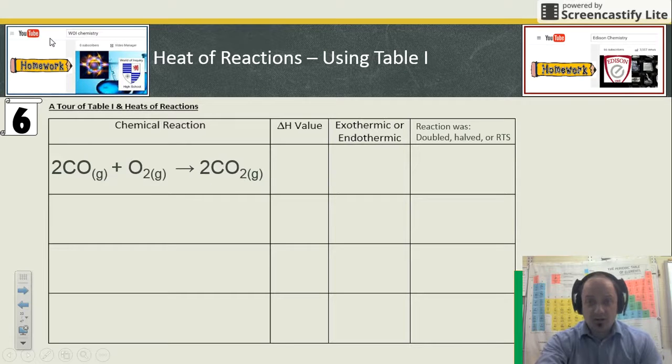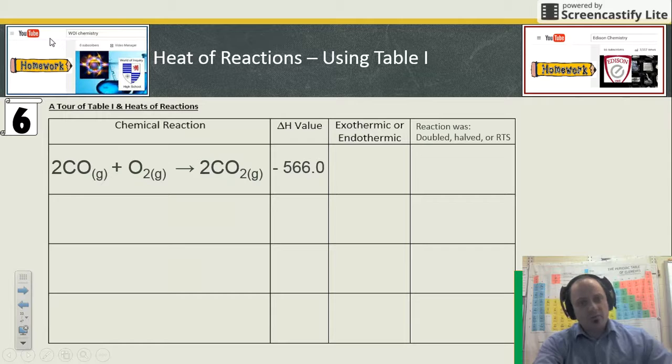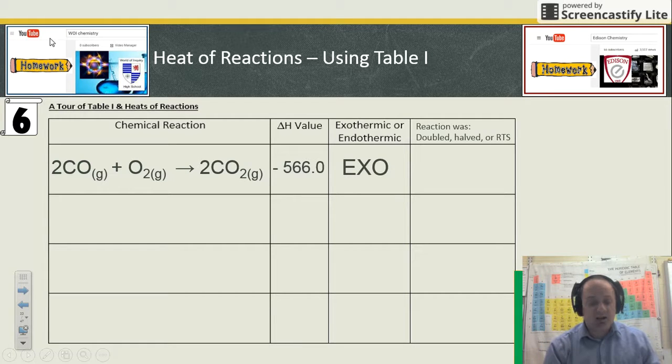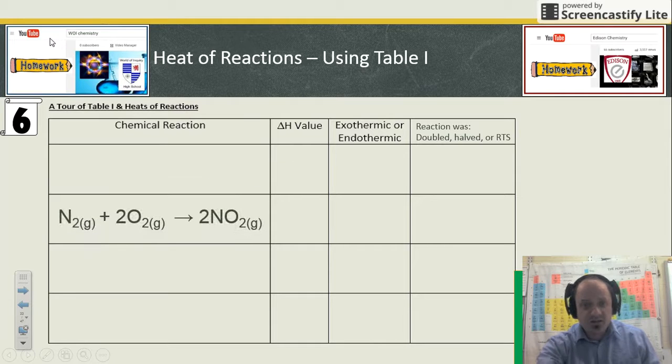Table I, some tours of heats of reactions. So this reaction here, CO, carbon monoxide gas, plus oxygen gas, makes CO2 gas. Delta H was negative, so we know that's exothermic. The reaction didn't have anything done to it. It remained the same. The N2 plus the O2 right here in the middle of the chart, making 2NO2 gas.